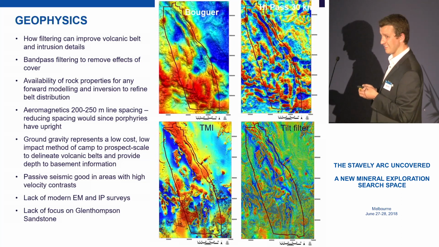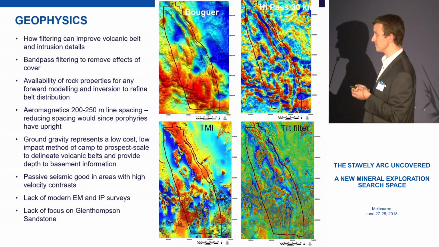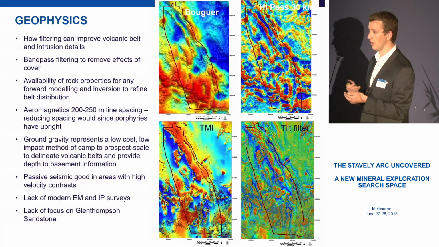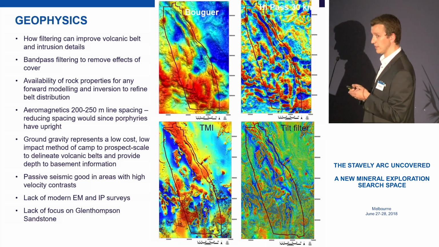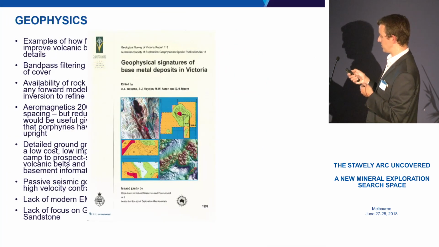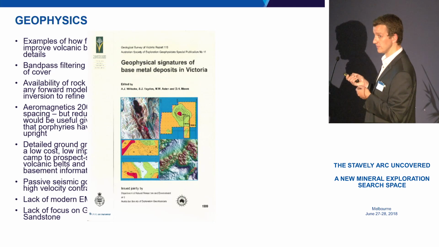And there's a particular dearth of information about the Glen Thompson sandstone, which obviously now we're saying could potentially host porphyry and epithermal systems, and that's from the known mineral occurrences, the distribution of those, but also the fact that we've refined the timing to be older and the same age as the Arc. Geophysical information is a really good source of information about the geophysical response of the known mineral occurrences out that way.